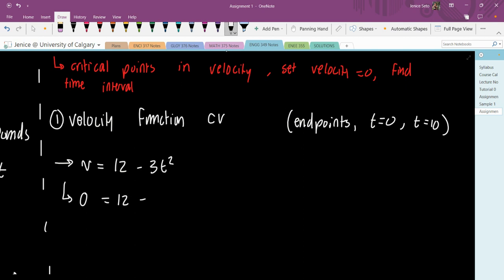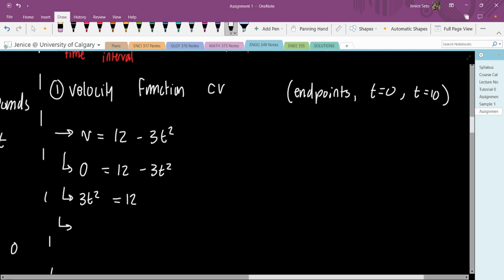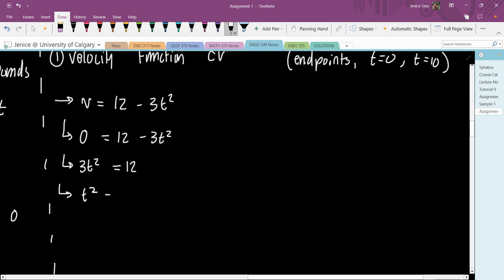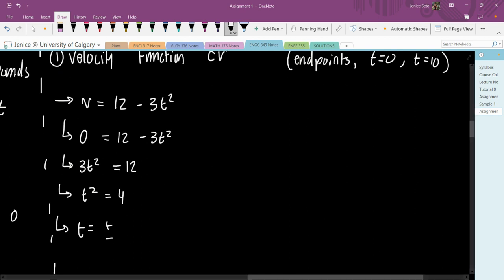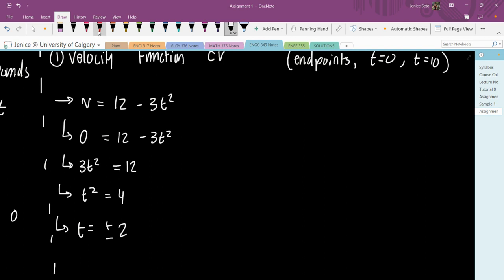It's going to give us 12 minus 3t squared. Let's move that 3t squared over. And we divide. So that's going to give us t squared equals 4. So that means t is equal to plus or minus 2. But we can't have negative time because we can't time travel. So we're only going to use t equals 2. We're going to start with that.